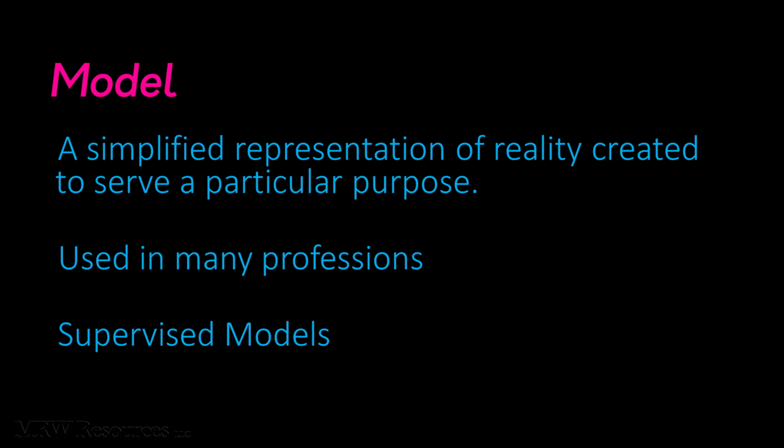As we move into prediction, we're working with supervised models. That means we have some target attribute of interest, some target variable of interest. And we don't know what the value of it's going to be at the time we need to make a decision. But we need to be able to predict or estimate it.